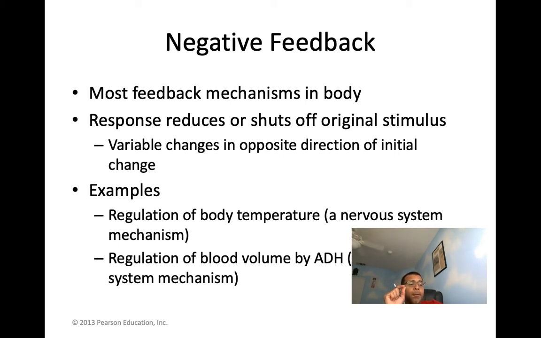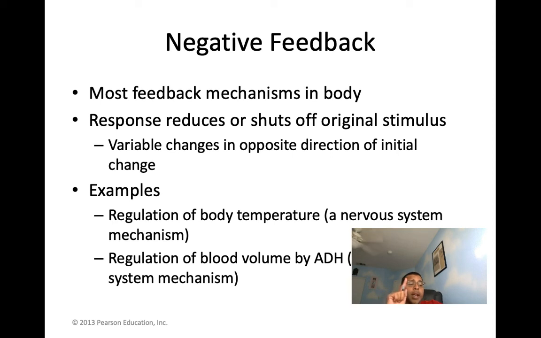Now, if we set the thermostat at 68 degrees, the heating system, the effector, gets triggered on when the temperature drops below that setting. And then as the air warms, the temperature rises, and when it reaches 68 or slightly higher, the thermostat triggers the heating system off.